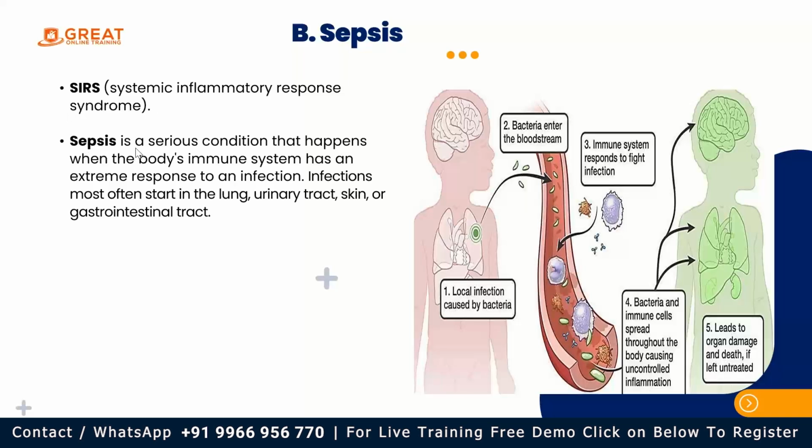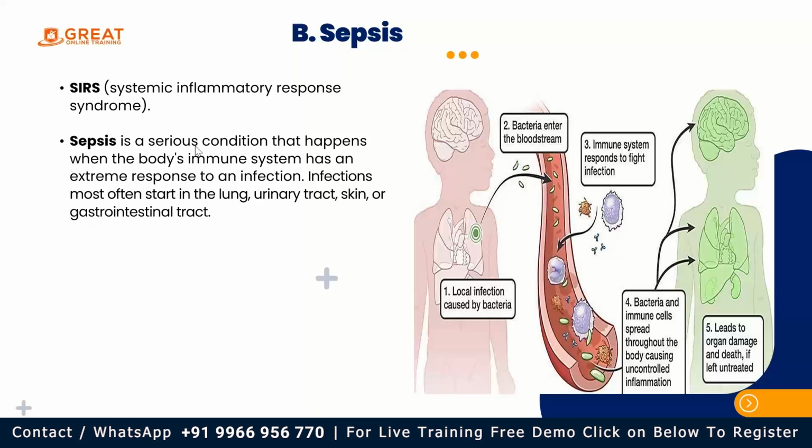Highlight this. Sepsis is a serious condition that happens when the body's immune system has an extreme response to an infection. Infections most often start in the lung, urinary tract, skin, or gastrointestinal tract.